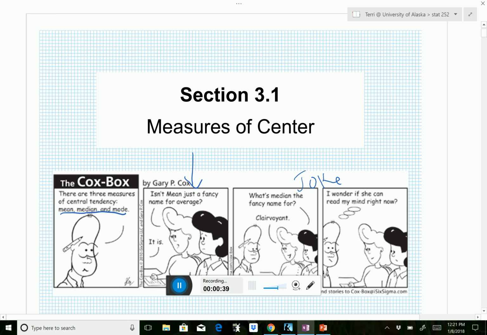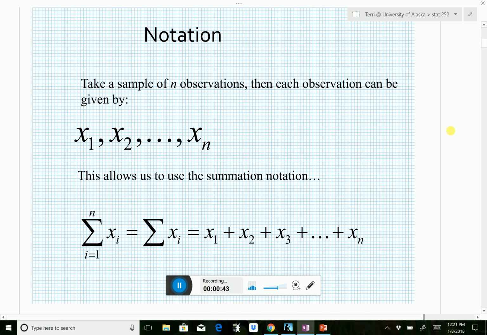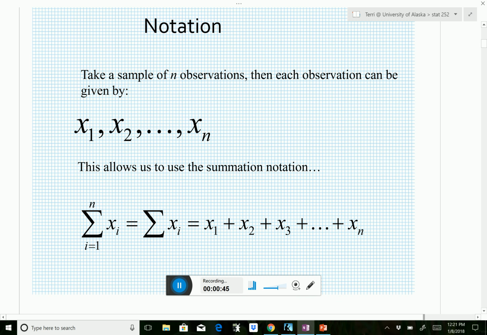So first, I want to talk a little bit about notation, and this is one of the things that people sometimes have a little bit of trouble with. If you take a sample of n observations, we can denote that by x sub 1, x sub 2, and so on, which just denotes different observations.